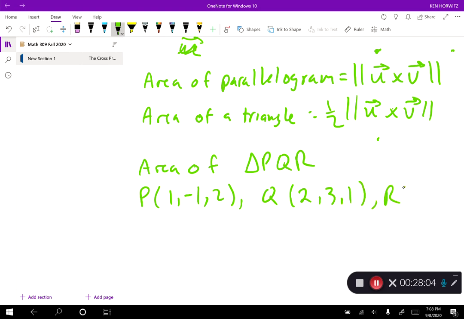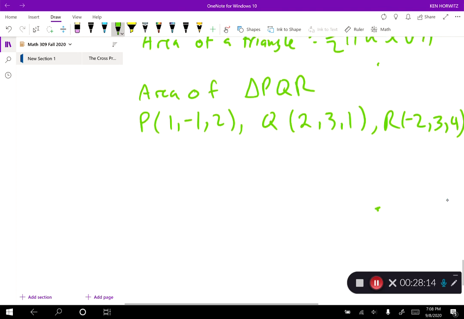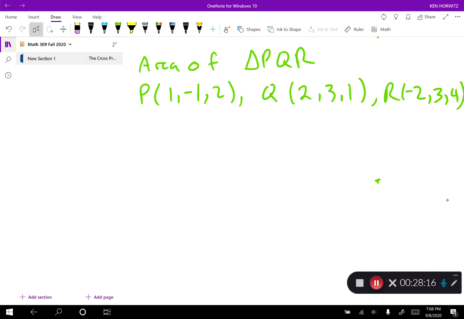And R is -2, 3, 4. So I have points in space, but I don't have vectors. How are we going to get our vectors? Well, first we need vector PQ, and we need its adjacent side, which would be vector PR. Why don't you go get those vectors, and I will see you on the back end.